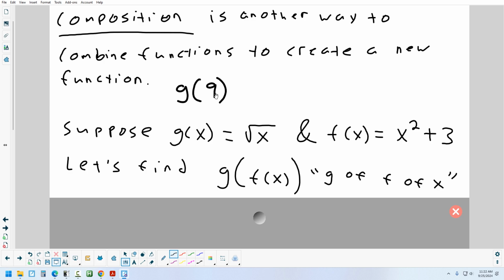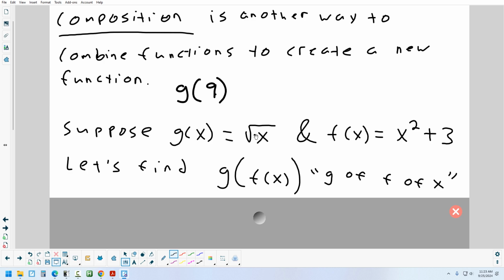You insert it for the x in function G, where Gx equals the square root of x. So you plug in 9, and you have the square root of 9, which is 3.